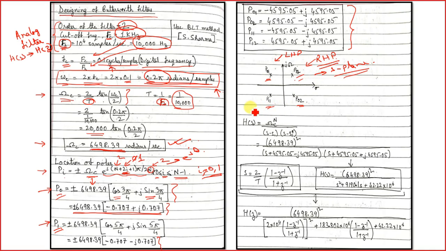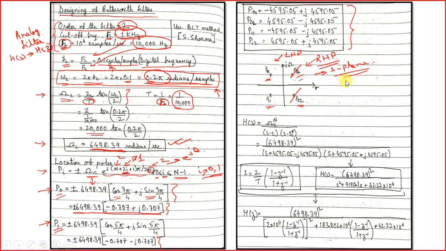Right? Now we all know that we cannot place poles in the right hand plane, so we have to cut out the poles which are present on the right hand plane.